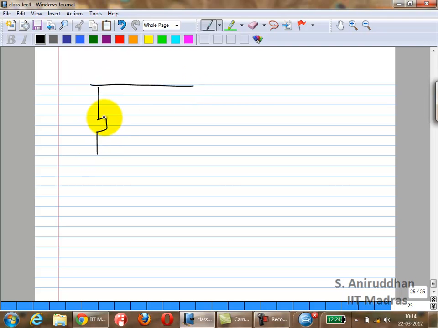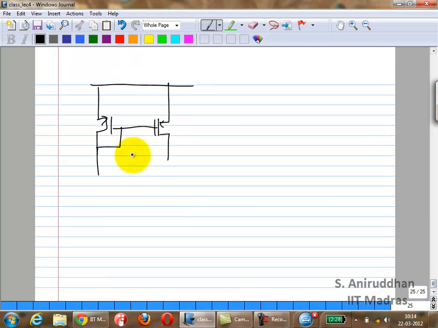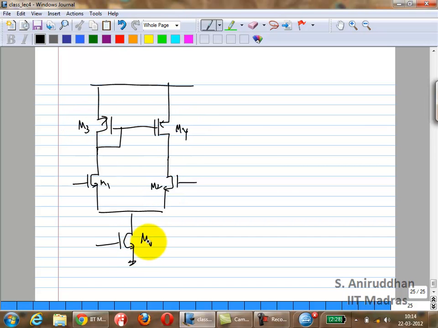So let's go back to this. Let us say you want to set the output DC voltage a little bit differently. We saw that ideally you want to set it to VDD by 2, correct? So M1, so this is I0.